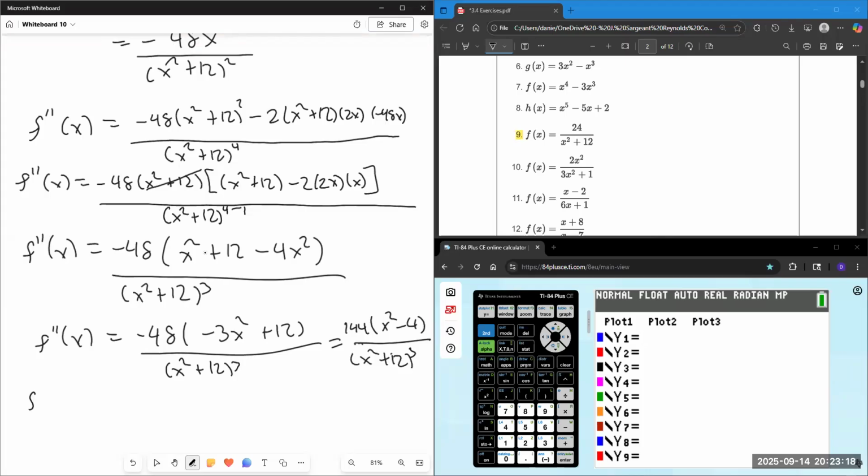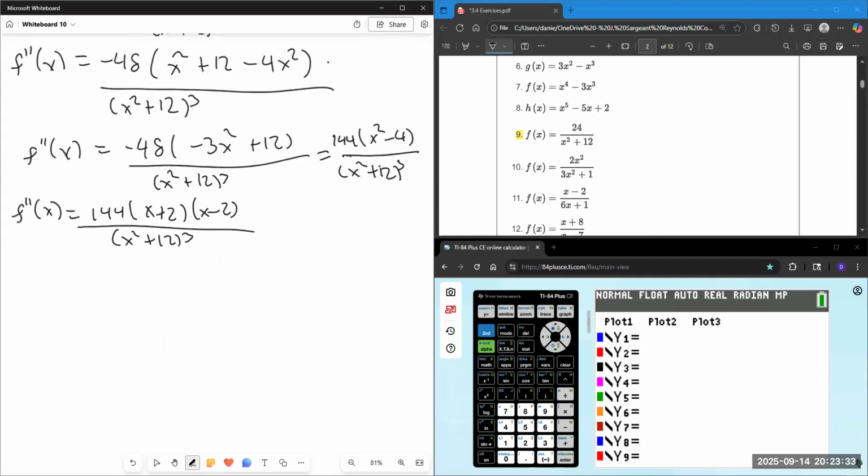So f double prime of x is equal to 144 times x plus 2 times x minus 2 over x squared plus 12 to the third. Zeros of the numerator: x plus 2 equals 0, or x minus 2 equals 0, so x equals negative 2, or x equals 2.